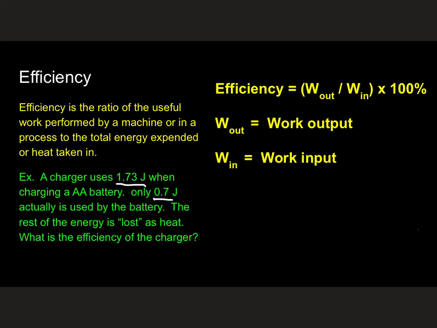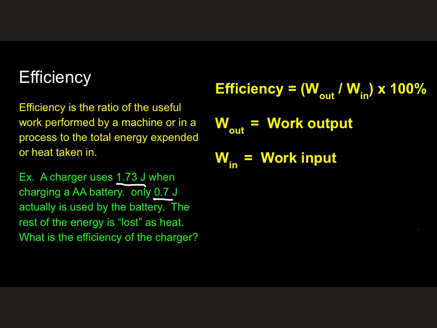Only 0.7 joules actually is used by the battery. So a lot of that charge is going to other things. You've experienced this. I used to have an old laptop that heated up really hot when I charged it. That's because a lot of the charging energy wasn't used well by the battery, and it went to heat instead of just charging the battery and running my computer.